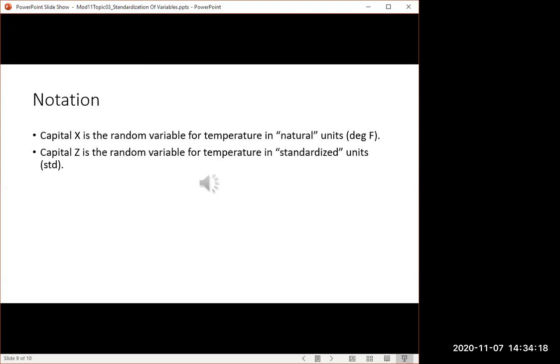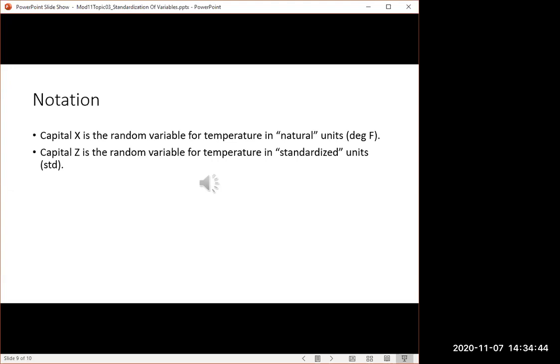Just a few comments on notation here. If I was talking about Joe's temperature in degrees Fahrenheit, the random variable for that would be capital X. That's a function. You give it a Martian, and it gives you the temperature of the Martian in Fahrenheit degrees. And then Z is the random variable for temperature in standardized units.